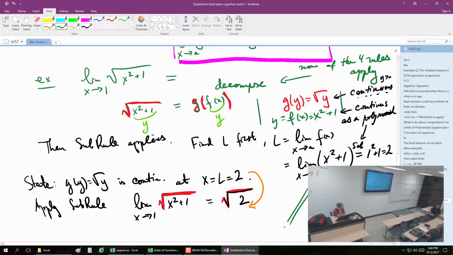But in reality, instead of saying that x is approaching 1, we're saying let x be equal to 1, and that is the last line: square root of 1 squared plus 1. And at the same time, we're proving that the whole function is continuous at that point.